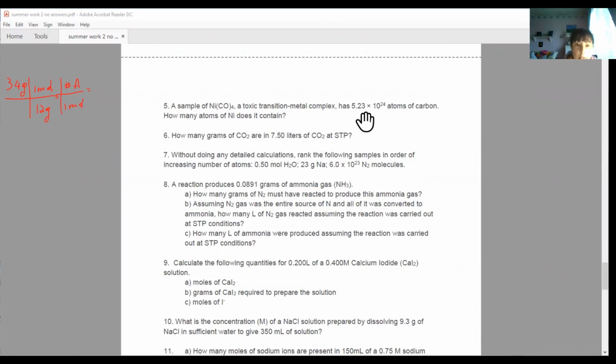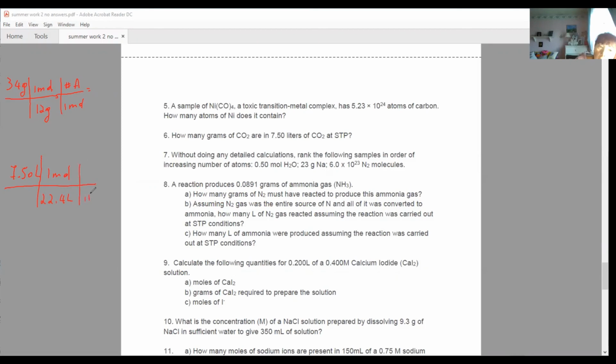Then number 6: how many grams of CO2 are contained in 7.50 liters of CO2? Let's start with 7.50 liters. You know that 22.4 liters are 1 mole of gas. So how many grams are there?